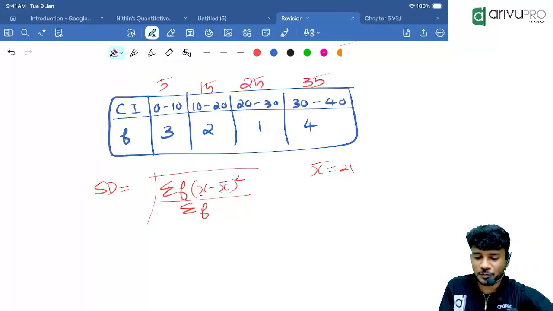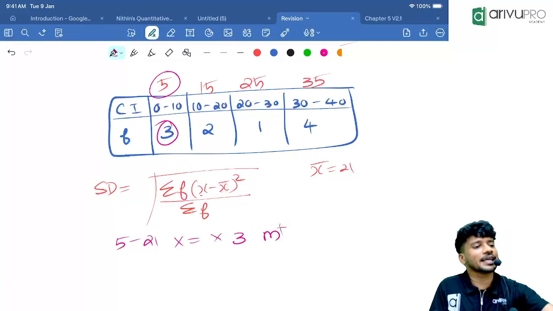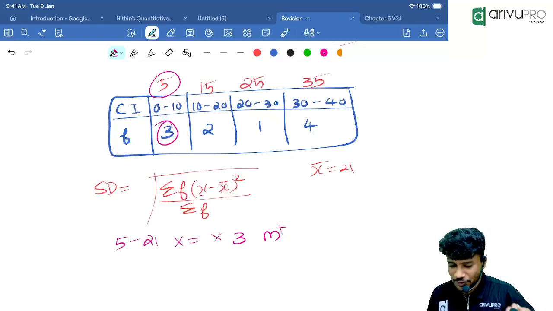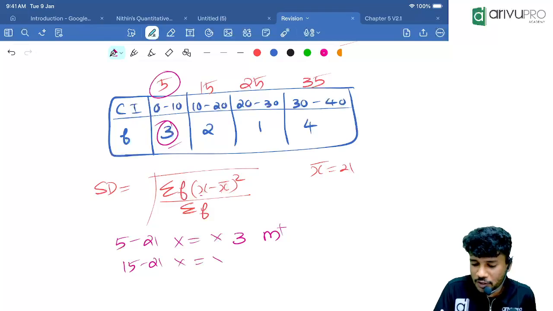X minus x bar, that is 5 minus 21 into equal to, multiplied with what? 3. Then click M plus. X minus x bar square means x minus x bar into equal to, then multiplied with the frequency, click M plus. Then 15 minus 21 into equal to multiplied with 2, M plus. 25 minus 21 into equal to multiplied with 1, click M plus.